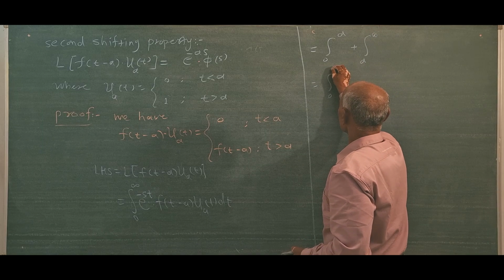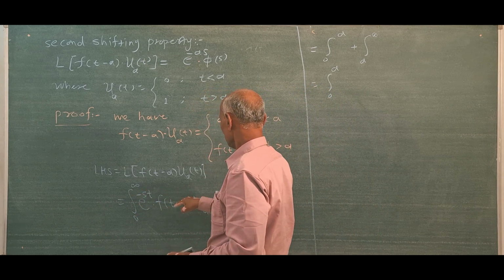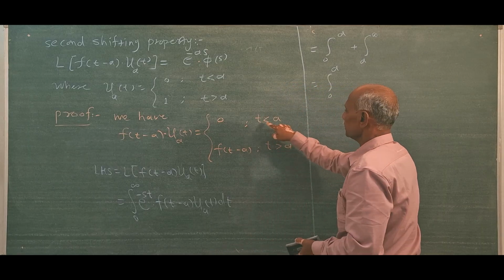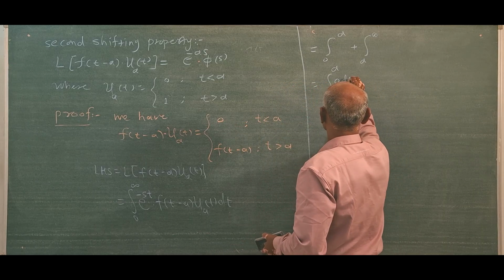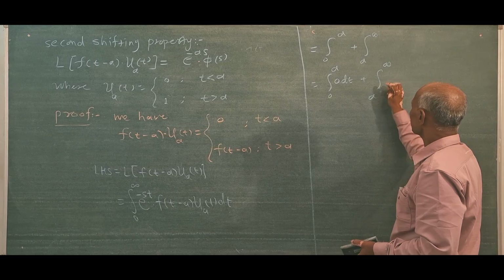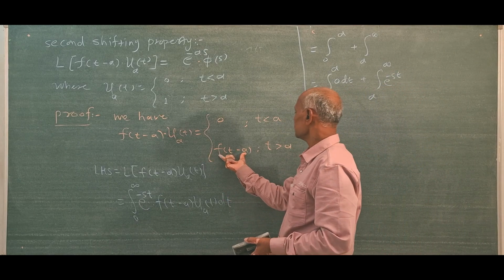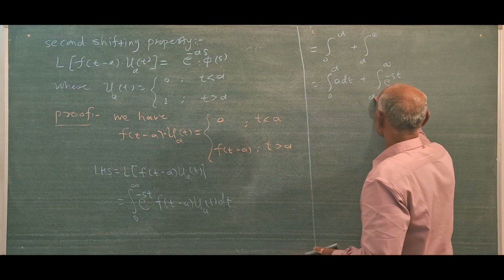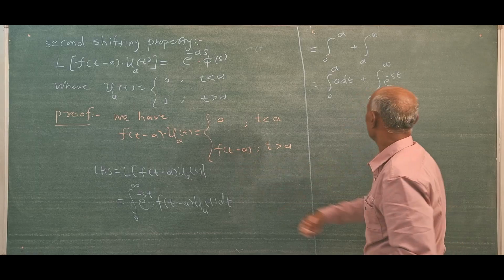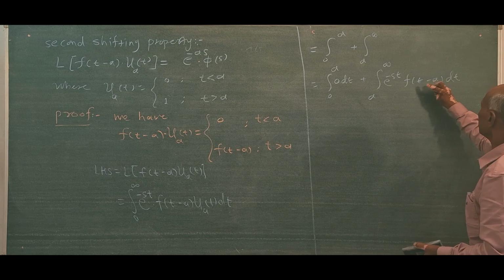In the part 0 to a, f(t − a) into u_a(t), this is t less than a, it is 0, plus then integration starts with a to infinity and then e raised to minus s t compulsory. Now you can write down this value for t greater than a. This is t starts from a, that means t is greater than a. The corresponding value is f(t − a), and therefore we write here dt.